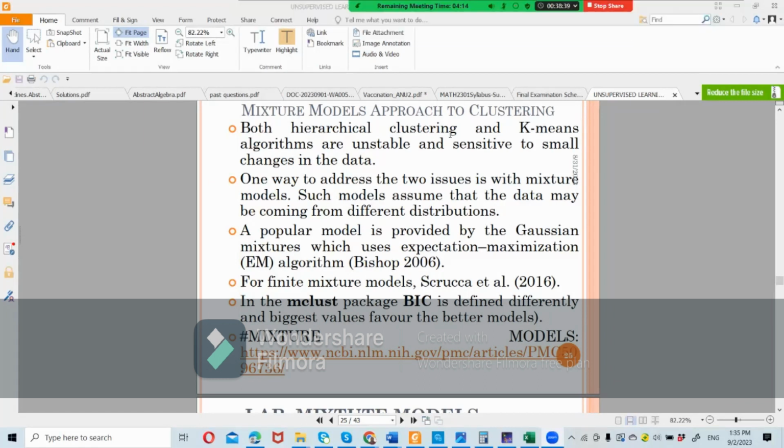In the package mclust, the function to do this is provided, along with the BIC.